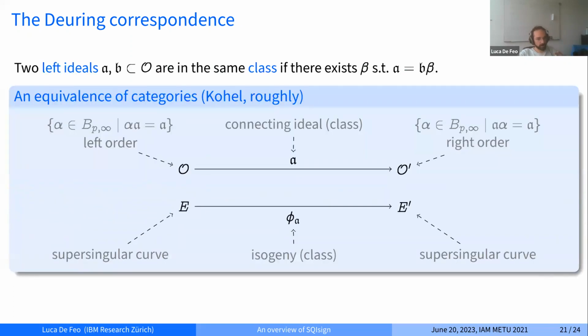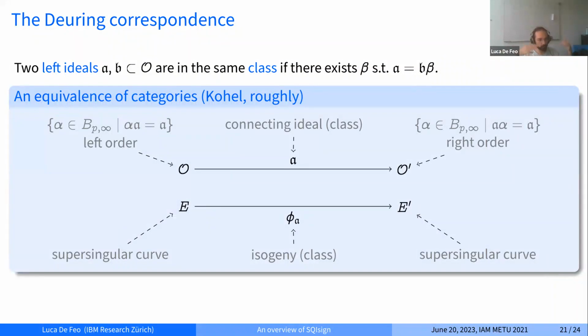And the Deuring correspondence, I guess the best way to visualize it is like this. Whenever you have an isogeny, so now look at the bottom of the figure, you have an elliptic curve E, an elliptic curve E prime, and an isogeny between them. To this corresponds, on the quaternion level, a left order O, which is going to be isomorphic to the endomorphism ring of E, a right order O prime, which is going to be isomorphic to the endomorphism ring of E prime, and a connecting ideal I, which is going to represent the isogeny.